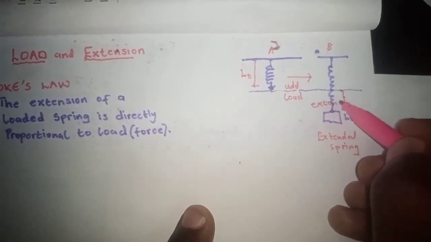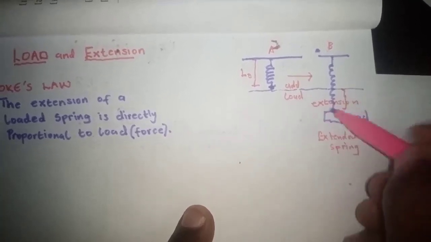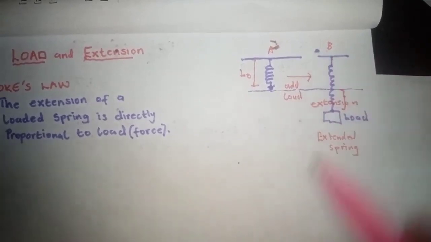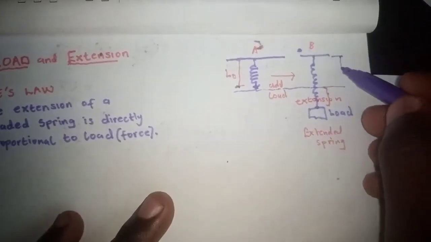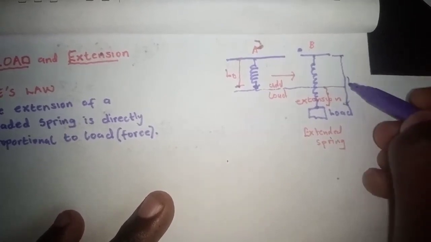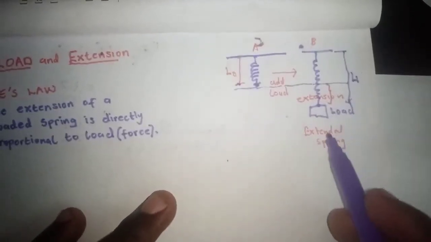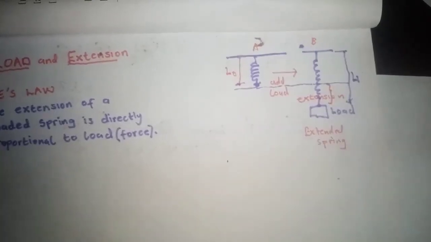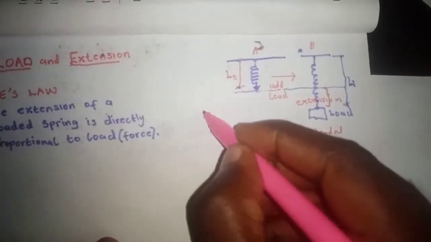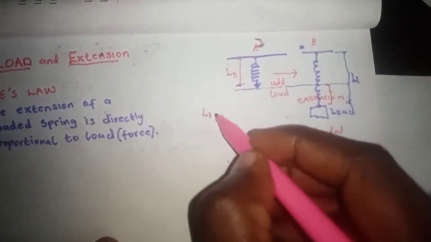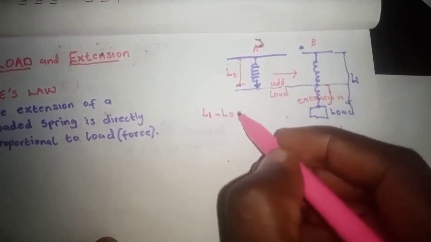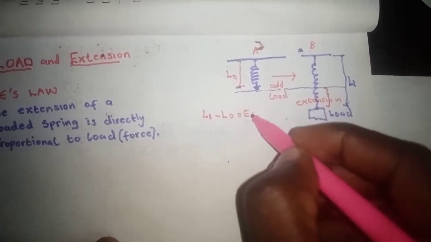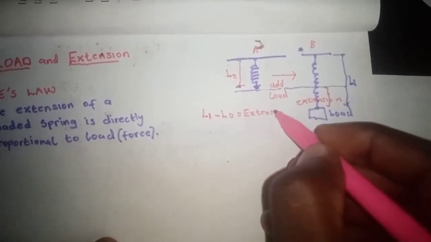If you measure the new length up to here, we call it length 1, which is the extended length. So length 1, the extended length, minus the original length will give you the extension.